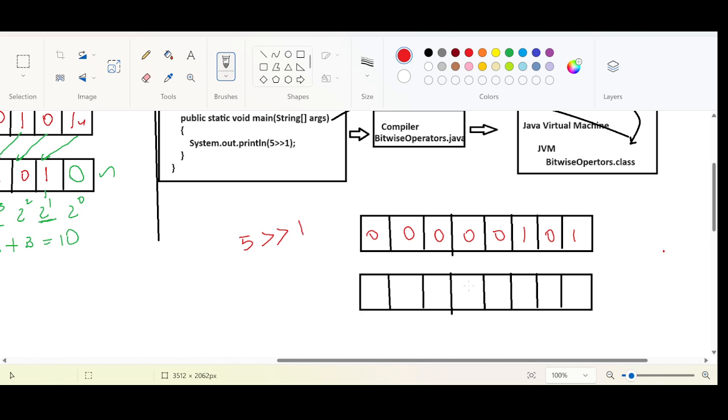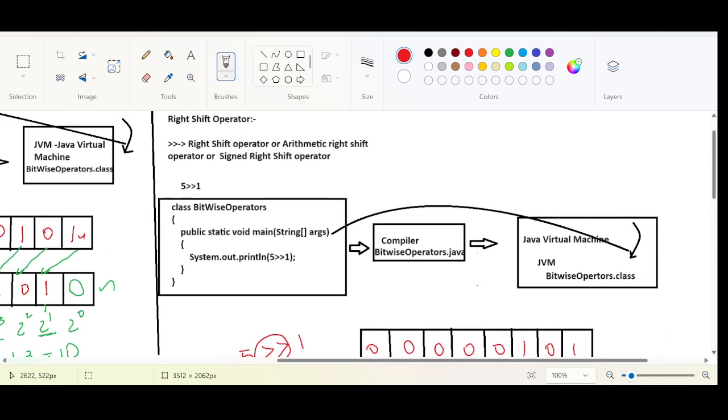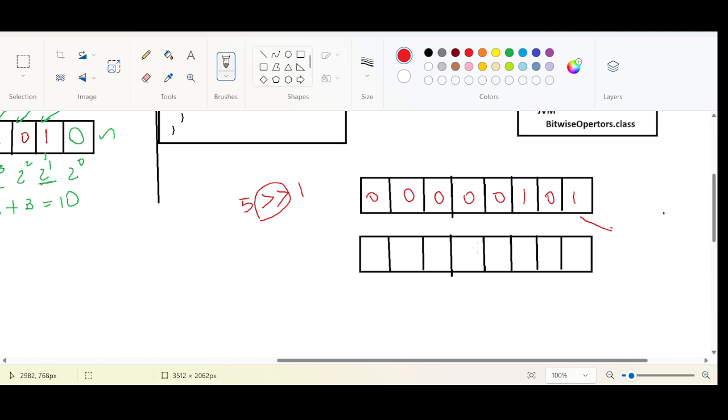Previously it was left shift, so the shifting happened in such a way that each and every bit was moved towards the left side, skipping 1 bit and placed at the next position. So now the things are going to be completely reversed, since it is a right shift operator, isn't it? Each and every bit is going to be placed 1 position towards its right.